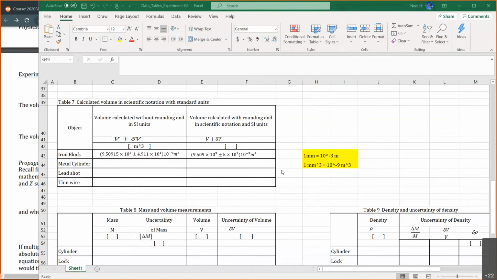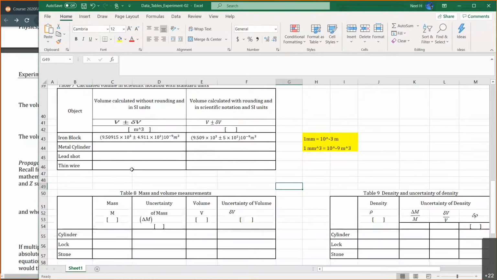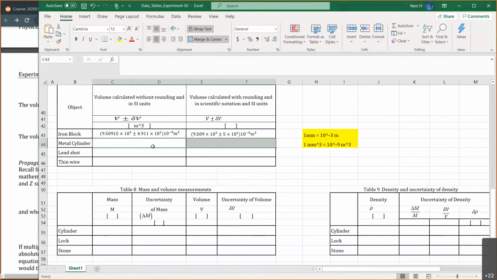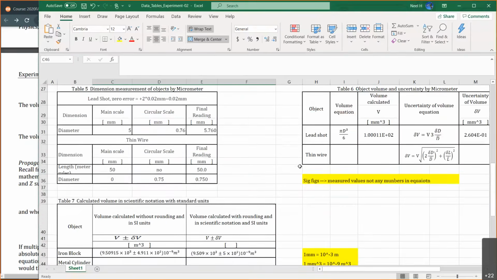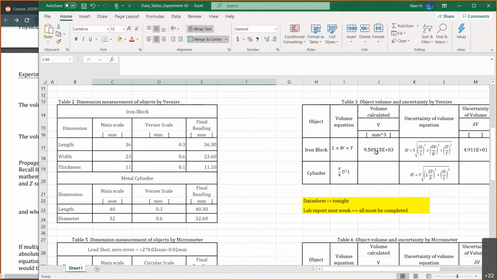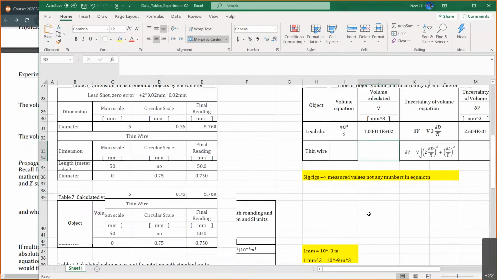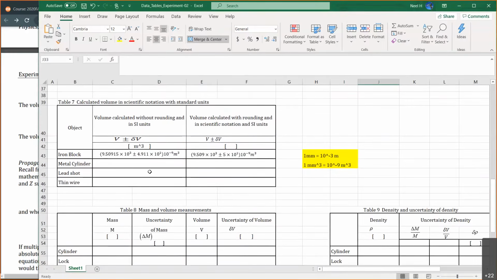Okay, so let's take a look at the other part. I'm going to leave these sections for you to complete. You just need to write down this information after you complete these two tables, once you have all 4 items, the volume properly measured.